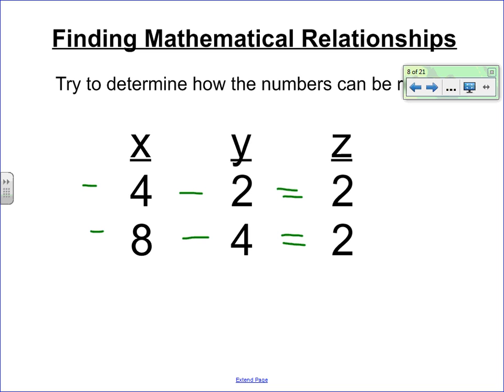And that's not true. All right, so in this case, it can't be the first one minus the second one equals the third one, because while it's true for the first one, it's not true for both of them. What do you think? So if we did 4 divided by 2 equals 2, is that true for the second one? If we did 8 divided by 4, would that equal 2? Nice. So what does our equation in this case look like?